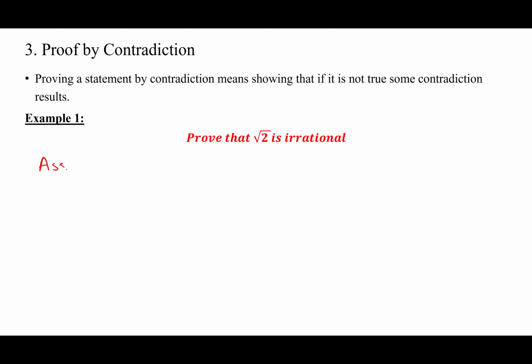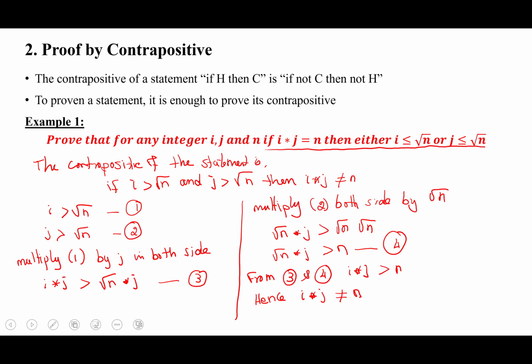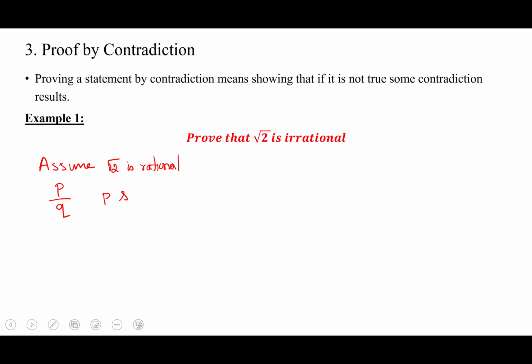So assume root 2 is rational. Any rational number can be written in the form of p divided by q, where p and q are integers.